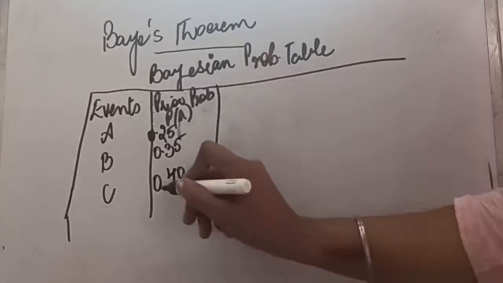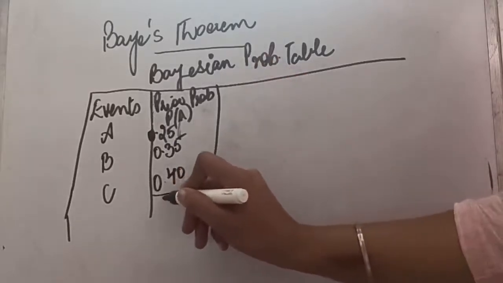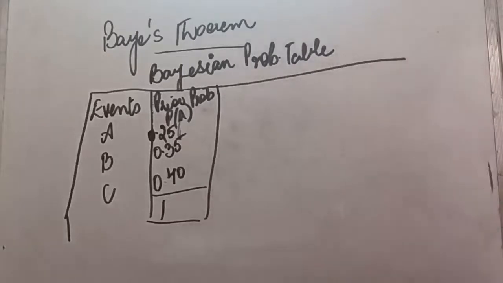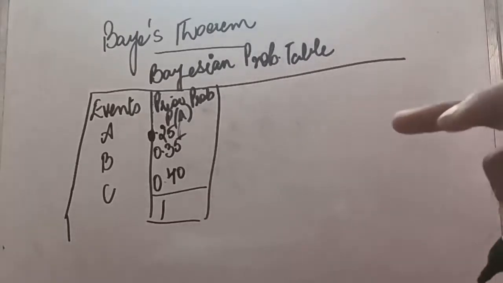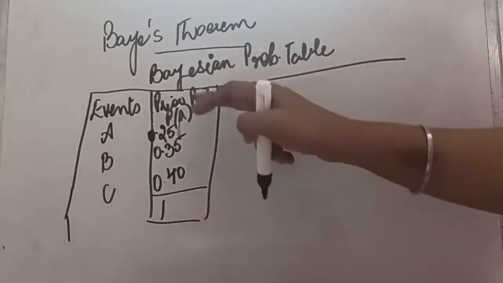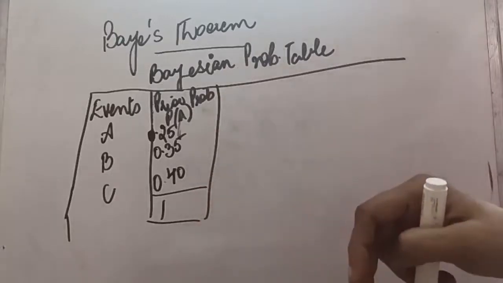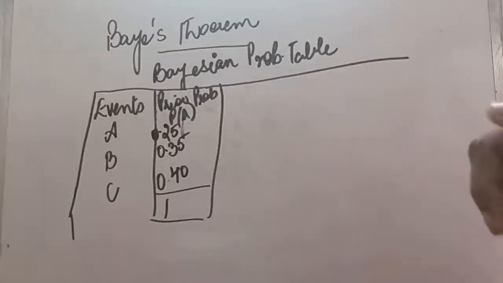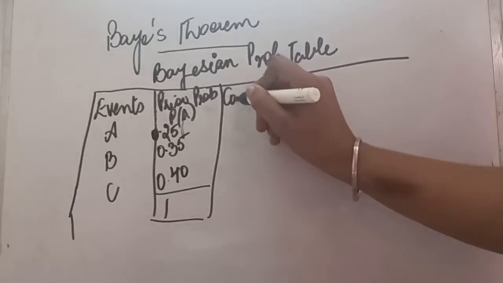You will always observe that this total will equal 1. Two probabilities will be given to you in the question, and always the total of prior probabilities will be equal to 1. Then the third column will be conditional probability.